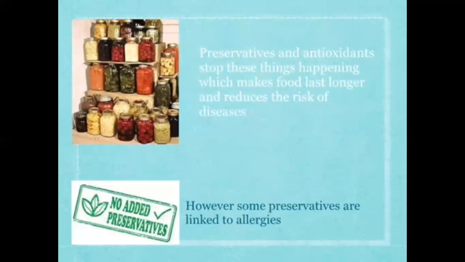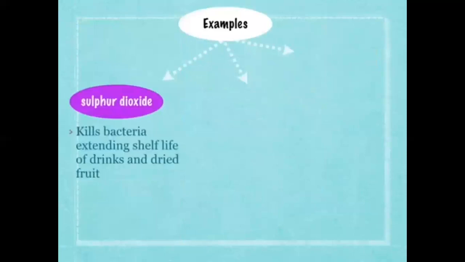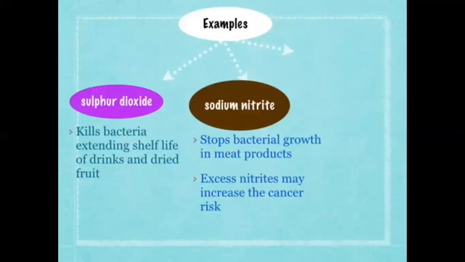However, some preservatives are linked to allergies. Three examples that you need to know are sulfur dioxide, which kills bacteria and extends the shelf life of drinks and dried fruit. Sodium nitrite, which stops bacterial growth in meat products. Excess nitrites may increase the risk of cancer.